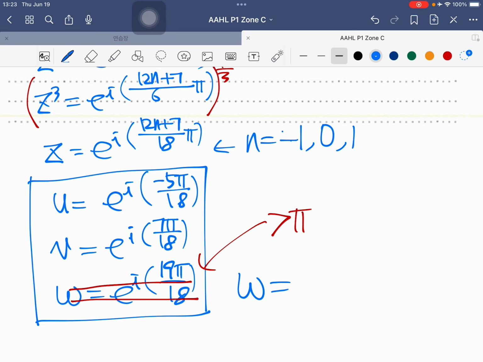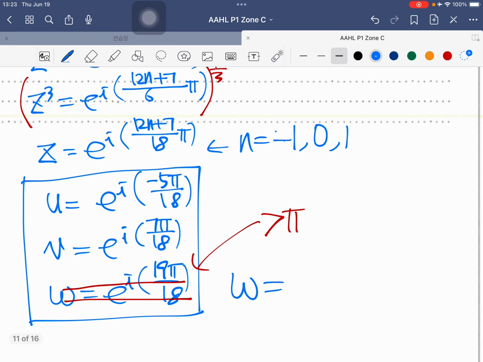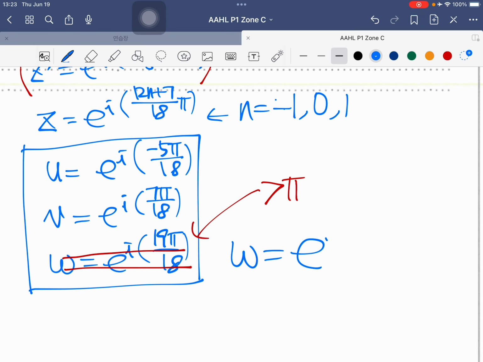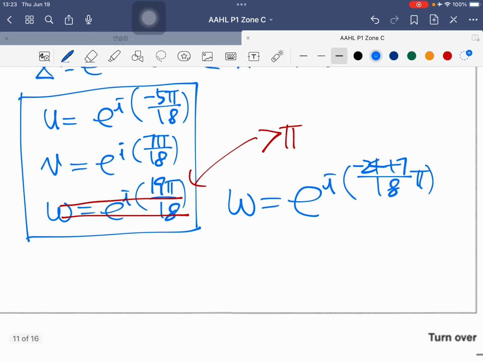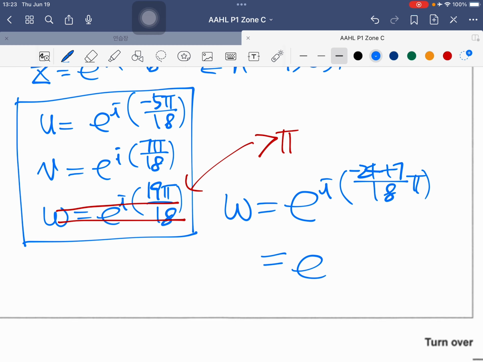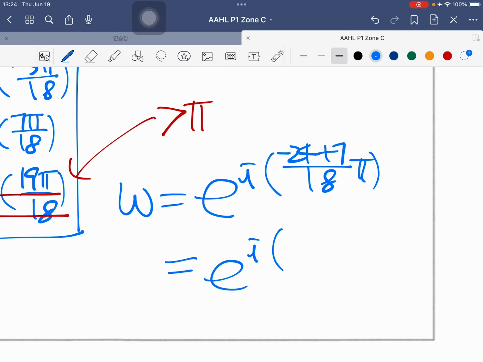Putting negative 2 there, it's going to be e to the i of (minus 24 plus 7) over 18 pi. Minus 24 plus 7 is, what is that?